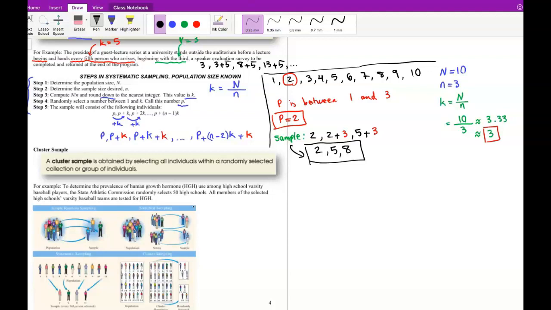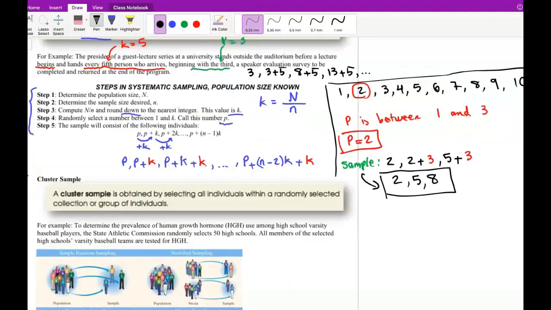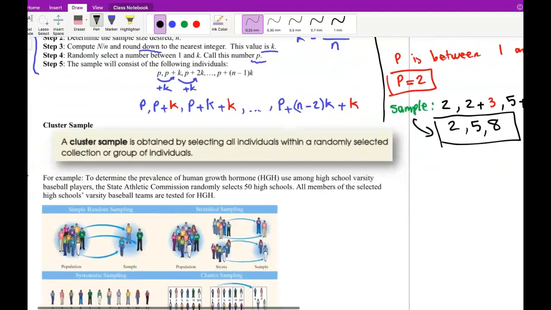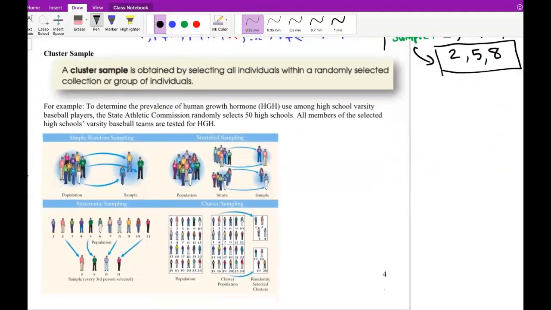Okay, then next one is cluster. Cluster sample is obtained by selecting all individuals within a randomly selected collection or group of individuals.